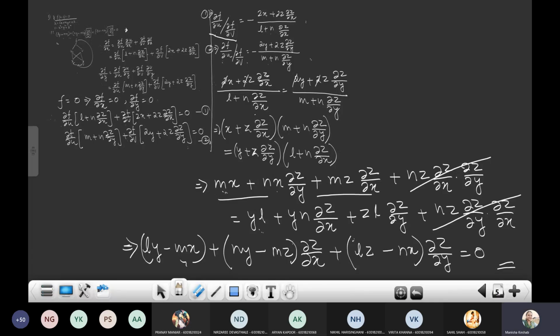Ma'am, हाँ बोलो. Ma'am, if f of uv is equal to 0 and we've written del f del x is 0, then even del f del u and del f del v will be 0 now. No. See, यहाँ से हमें क्या मिला है? F is a function of uv, but then uv in turn function of finally what? X and y only, na? Yes, ma'am. So ultimately you are differentiating f with respect to x and y.